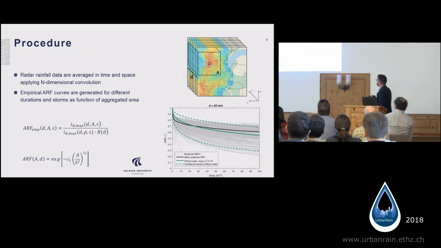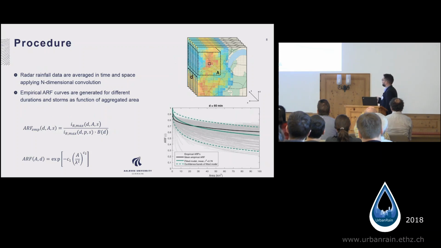You should have seen some gray lines behind the ones here. They're not really visible. But basically we fit an average of RAF curves for different durations and then fit that to this exponential function over here.